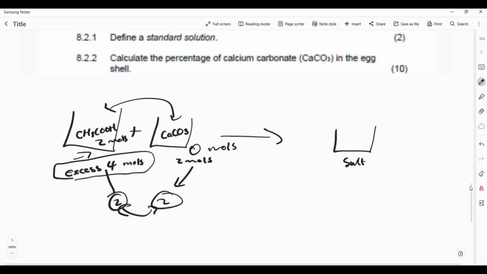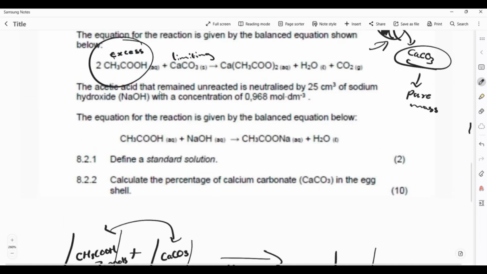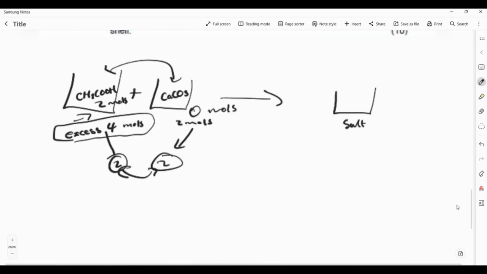Now, the second statement said the acetic acid that remained unreacted is neutralized by 25 cubic centimeters of sodium hydroxide with a given concentration. Then they gave us the equation. What they did was take the acetic acid that was left unreacted. 2 moles were left unreacted.